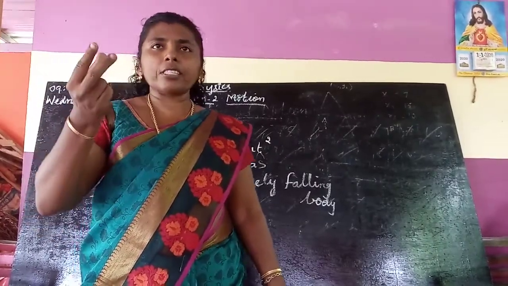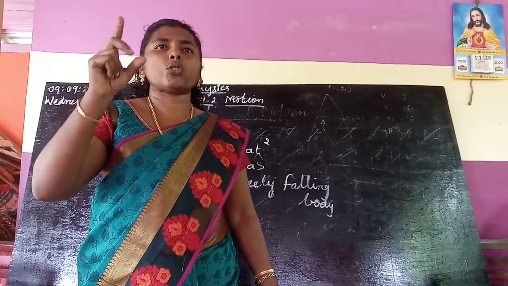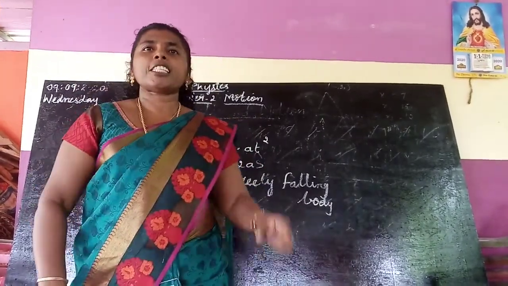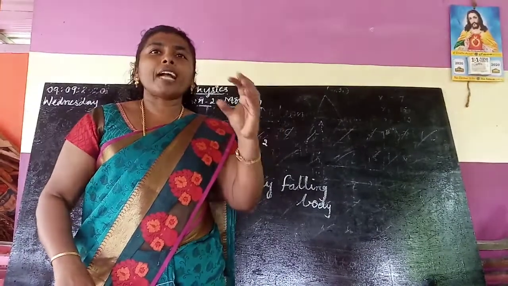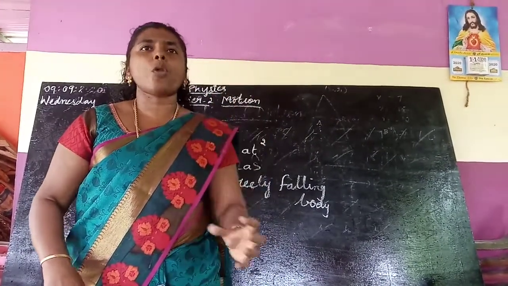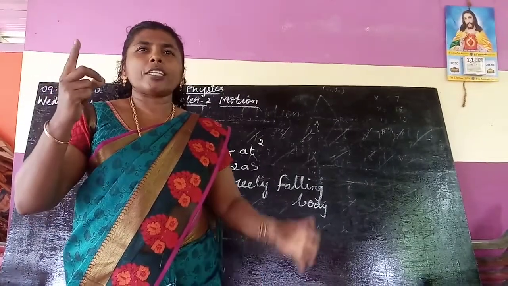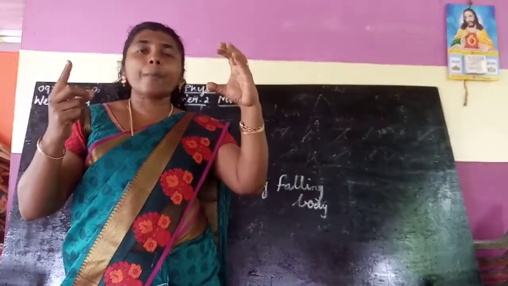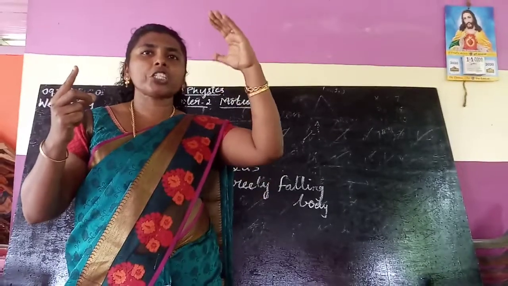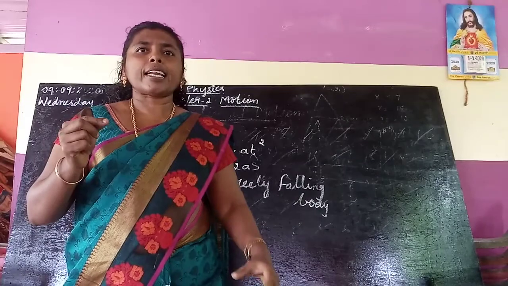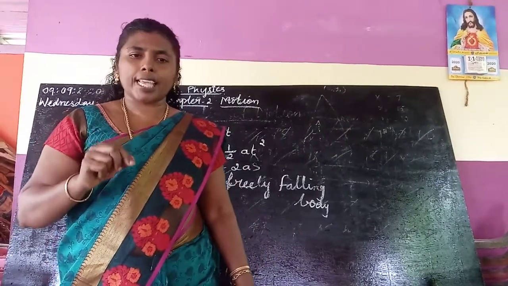But it is negligibly small when compared to the gravitational pull acting on the stone and the eraser. So it is negligibly small when compared to what? The gravitational pull on the stone and the eraser. Hence, they reach the ground at the same time.